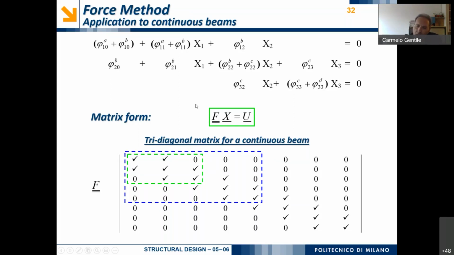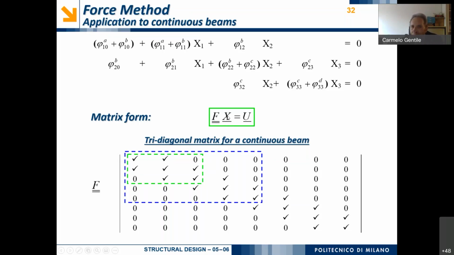Generally, in matrix form, a square matrix is denoted by a capital letter with two underscores. A vector is denoted as well by a capital letter, but we can distinguish a matrix and a vector because the matrix is denoted using two underscores, while the vector is denoted using just one underscore.